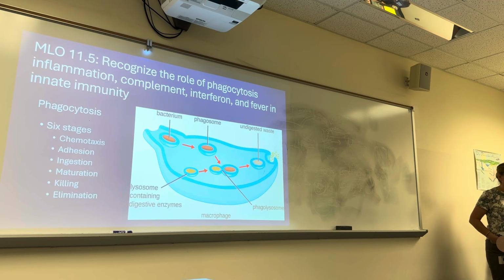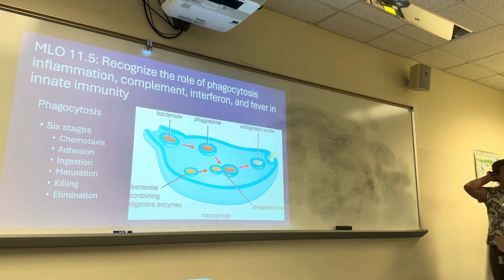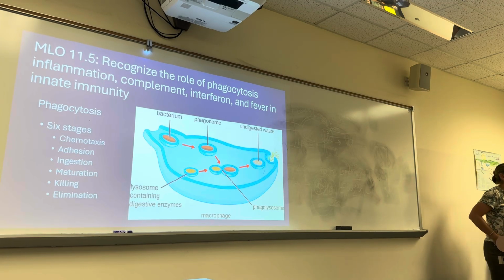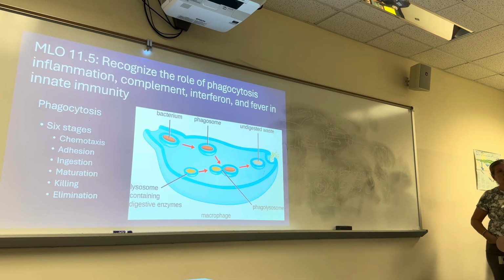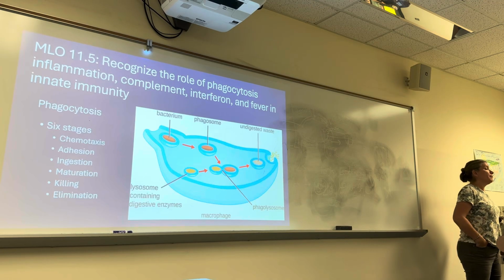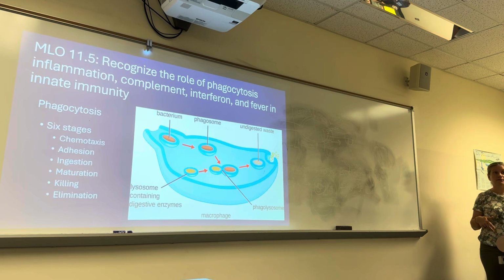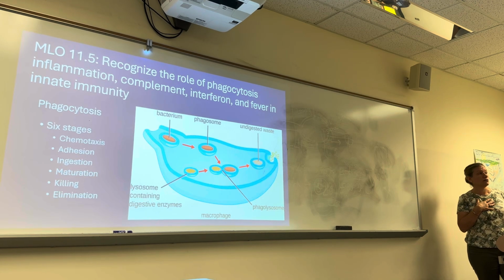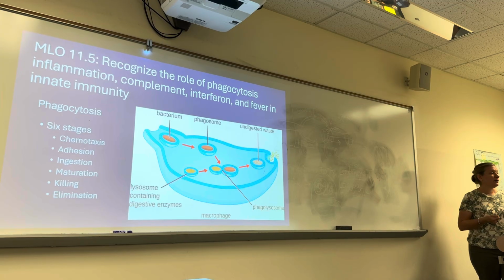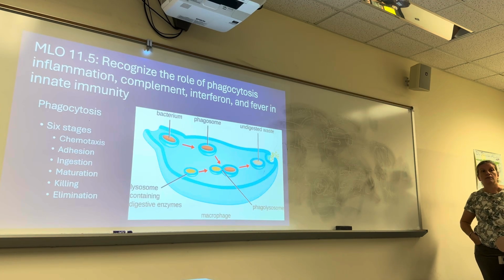The phagocytes, their job, of course, is to survey tissue and blood, right? And their goal is to identify and remove any microbes, any foreign material in general. It can be microbes, it can be particulate matter, it can be injured or dead cells, even host cells, even your own cells, they're going to identify and get rid of. The job itself involves ingesting and then eliminating that material, so breaking it down.